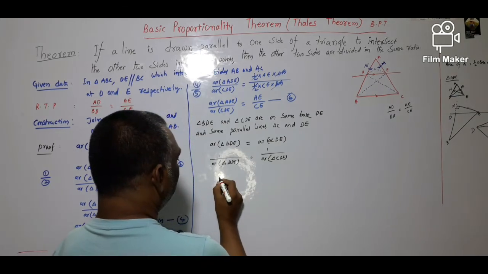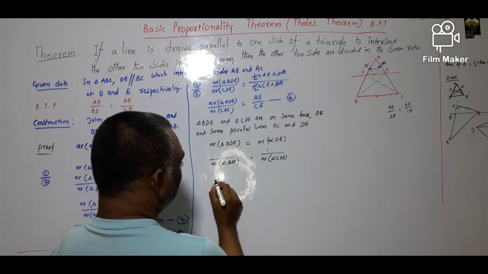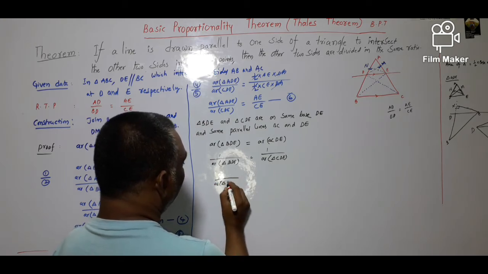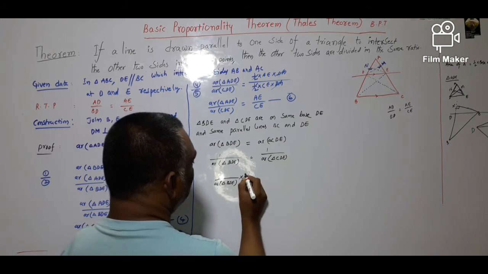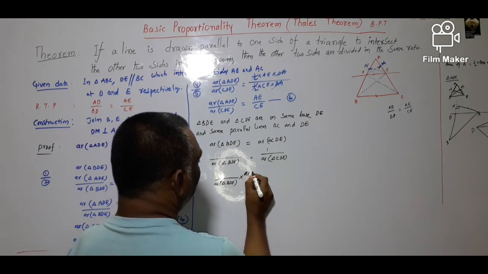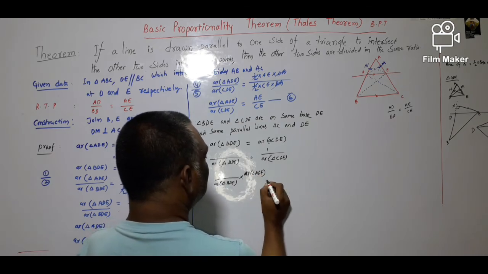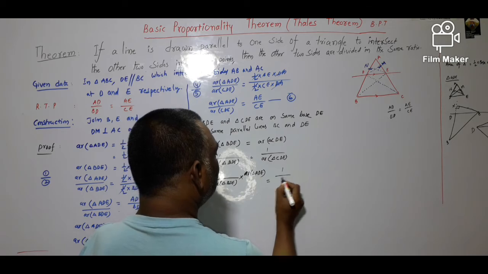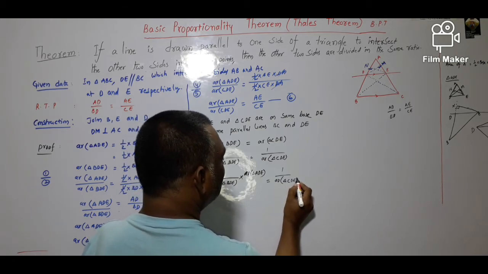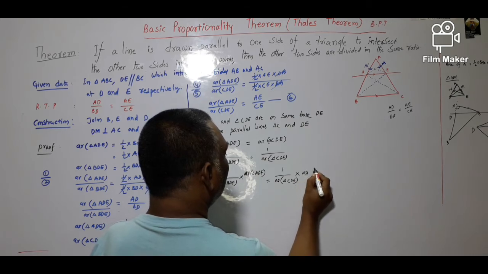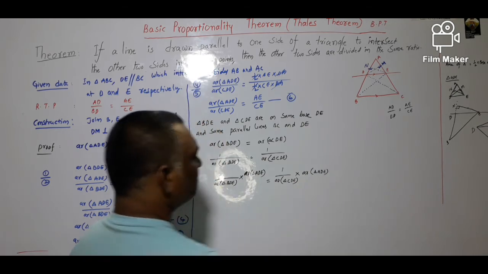So 1 by area of triangle BDE into area of triangle ADE is equal to 1 by area of triangle CDE into area of triangle ADE.